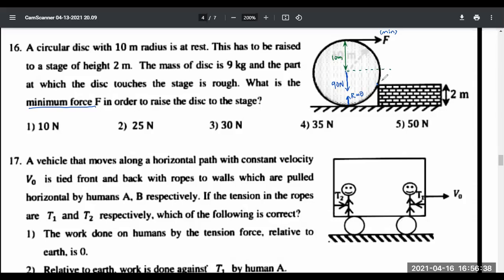This is point X, I'll mark it here. And from X I need to take moment about F. I need this length. So can someone tell me what is this length, people? What is the length I have marked right now?